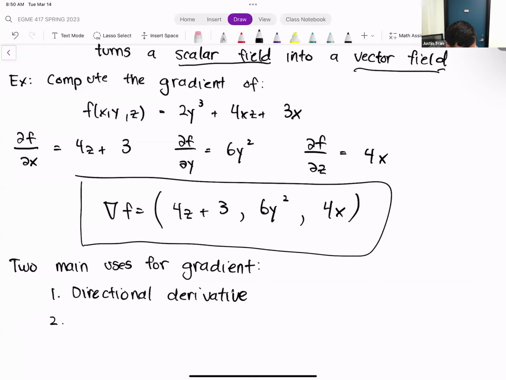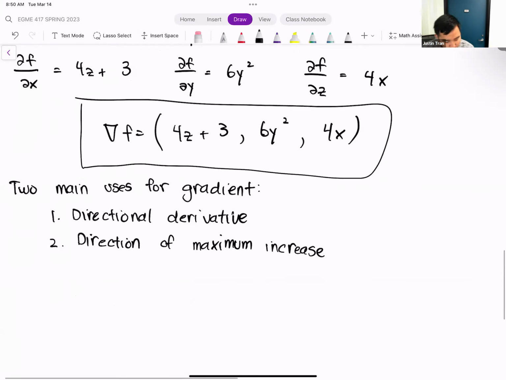And two, we're going to talk about the direction of maximum increase. Okay. So let's start with the directional derivative.